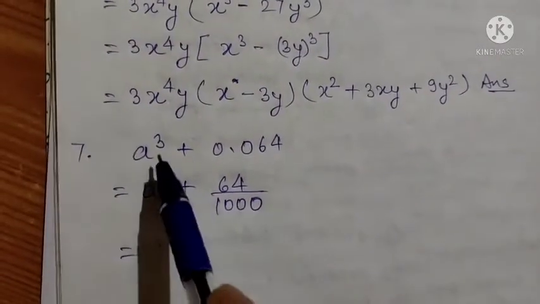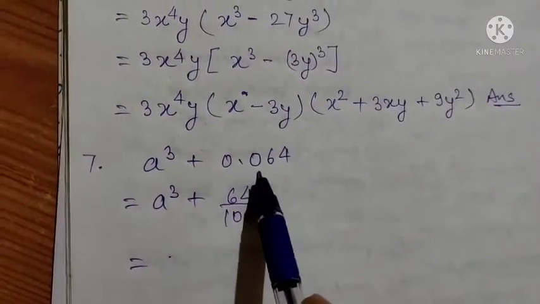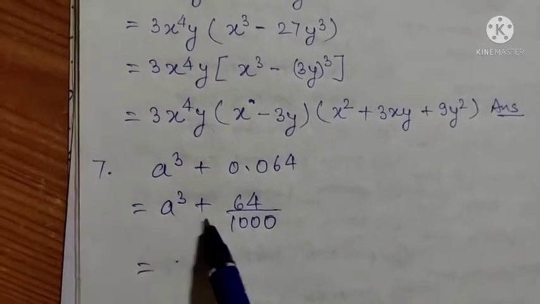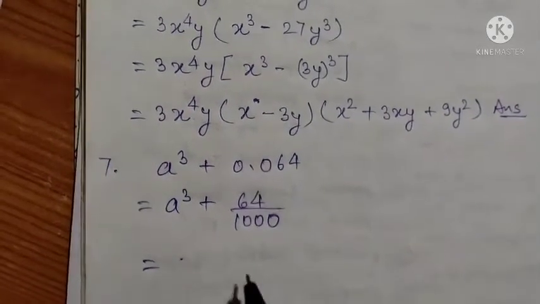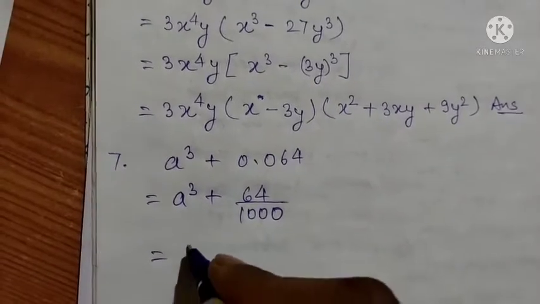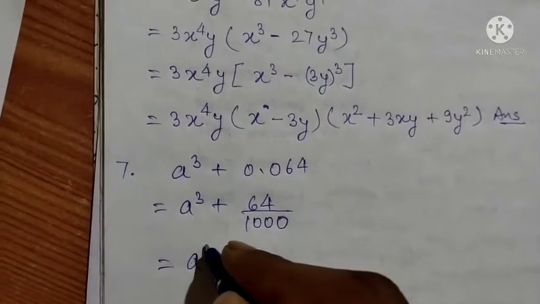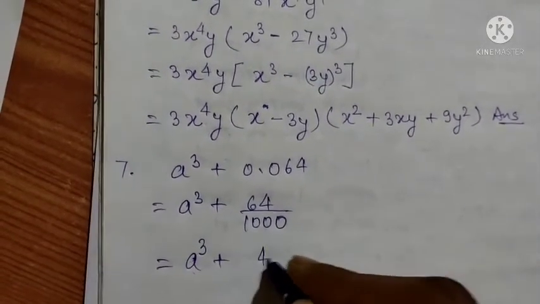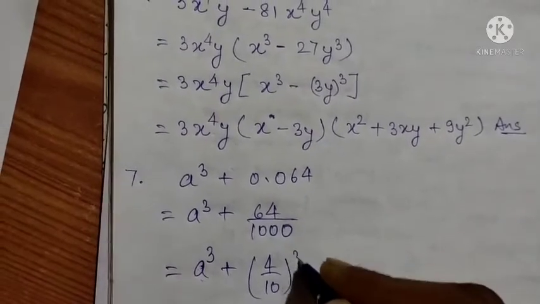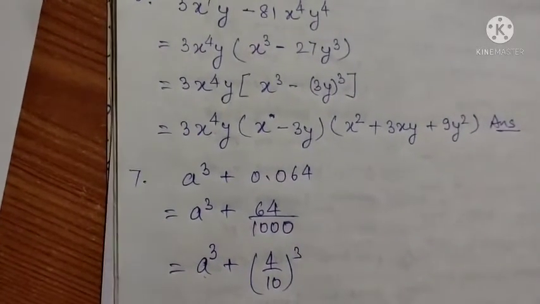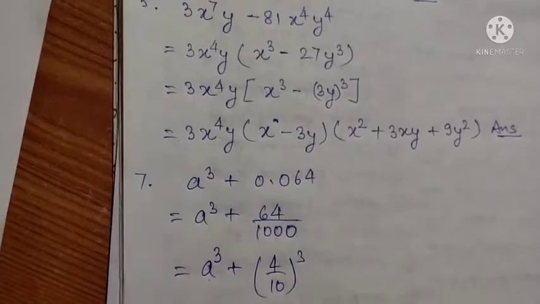Now question number 7, a cube plus 0.064. It can be written as a cube plus 64 by 1000. Now it will be a cube plus 4 by 10 whole cube, means a cube plus 0.4 whole cube.